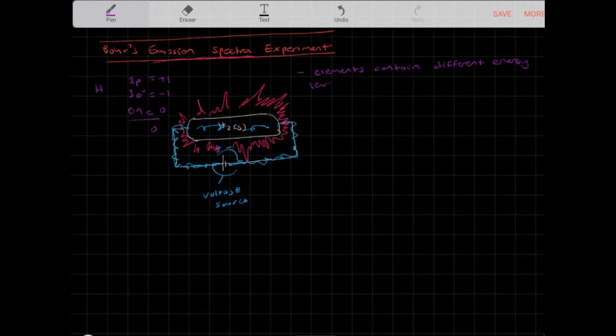Okay, so elements contain different energy levels, and he stated that the lowest energy level of an element or an atom is called the ground state. So the ground state is the lowest energy level of some kind of atom or element or ion, whatever the case is.